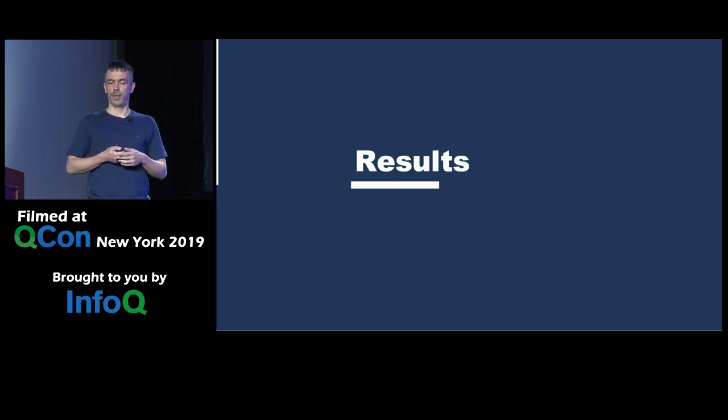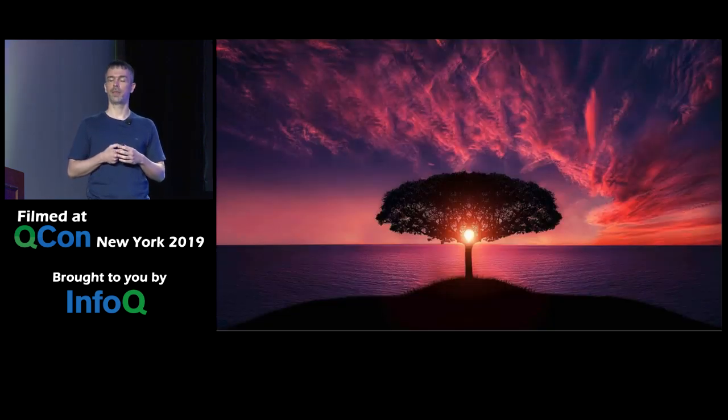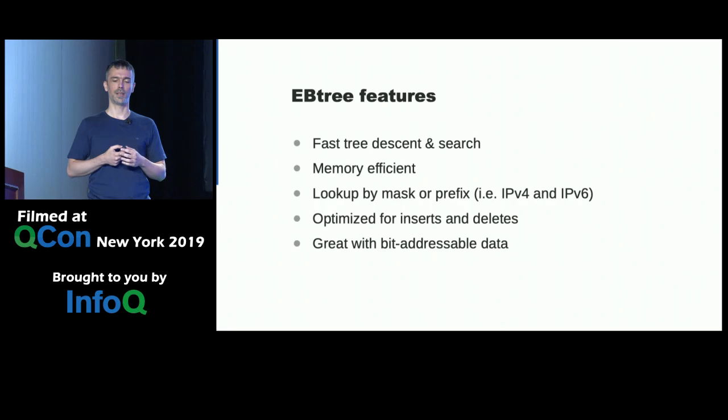So what did we end up with? We find that we've ended up with a pretty nice tree implementation. But it's not just that. We didn't take the existing implementations as something that cannot be improved upon.